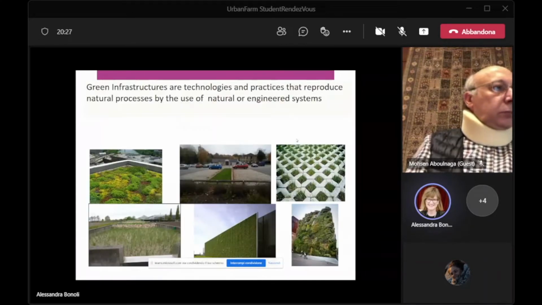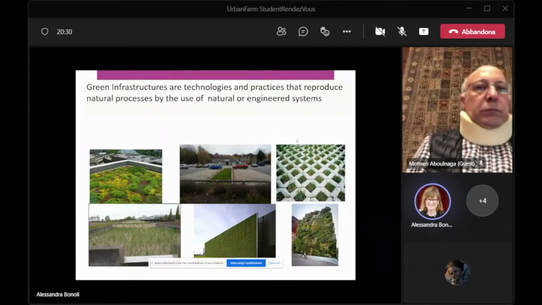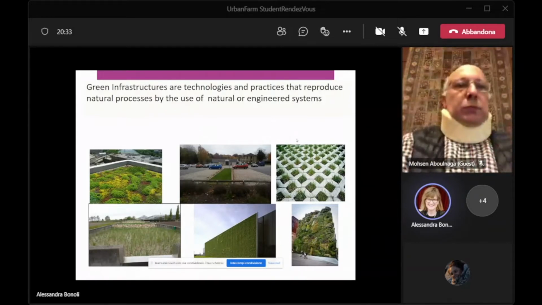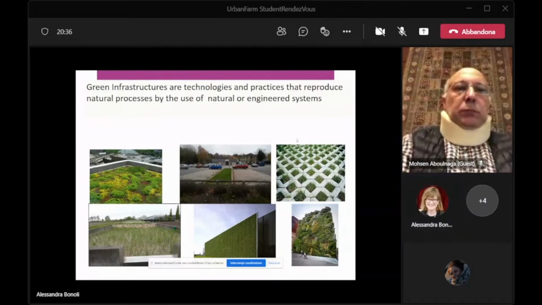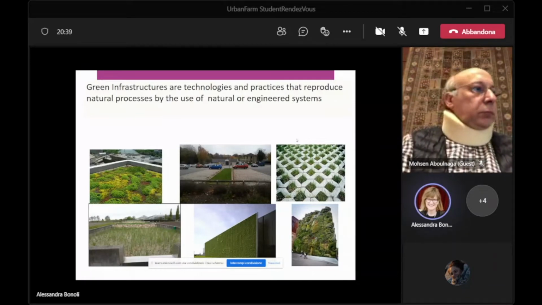Talking about green infrastructures, green technologies, we can consider several technologies and practices that reproduce natural processes by using natural or engineering systems. Here you have several examples, such as green roofs, green and permeable pavement for parking, for instance, or for other urban pavement, phytodepuration for wastewater treatment, green walls and green facades.